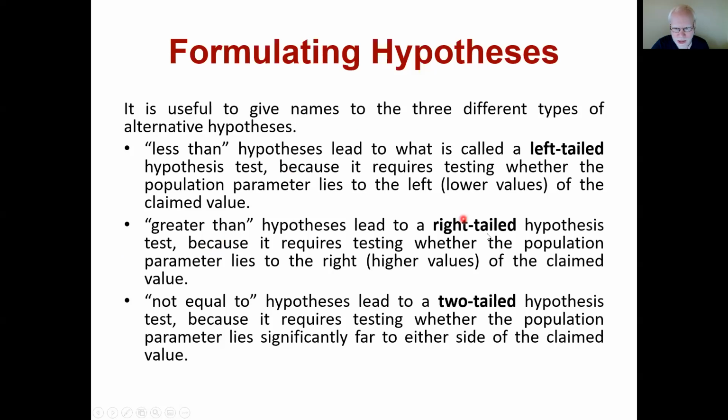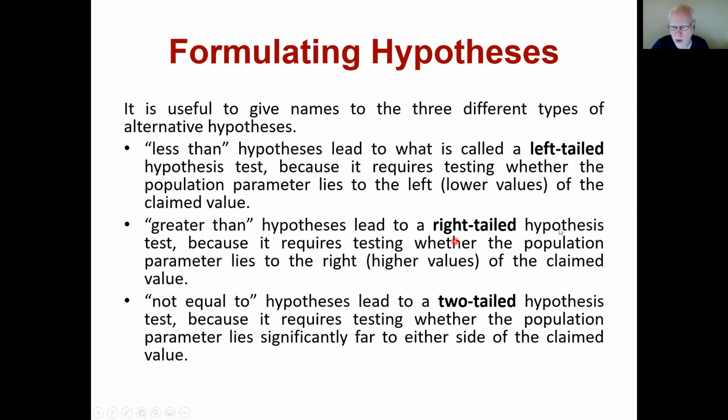Because remember how it tapers off. Observations further out become less and less likely. So you kind of move into different tails. If we're talking about less than, we're looking at the left tail, so the lower tail.